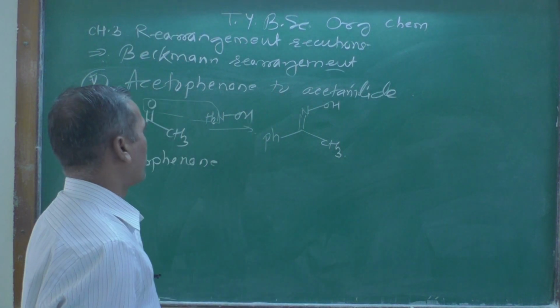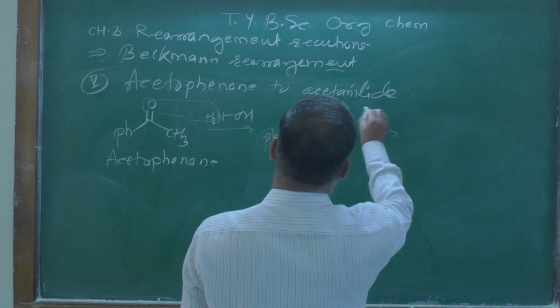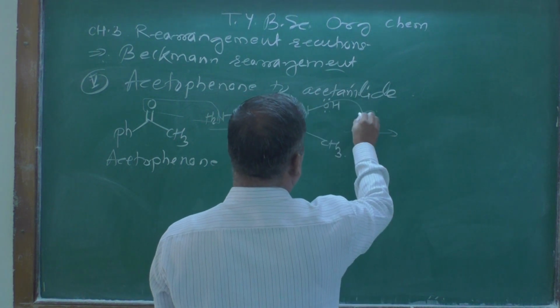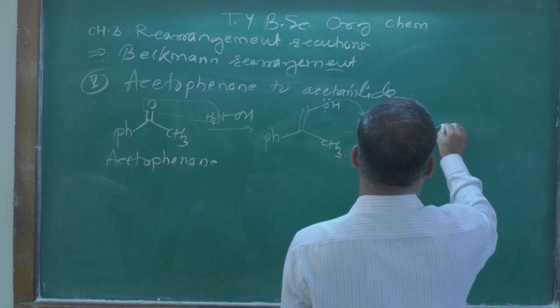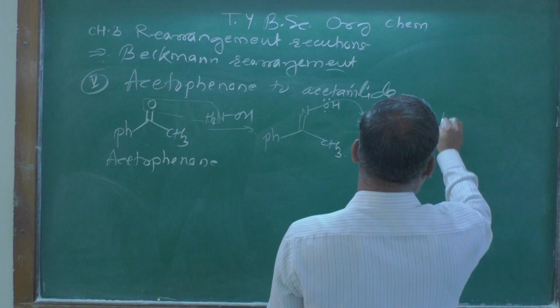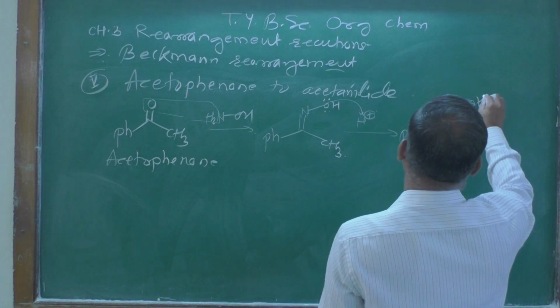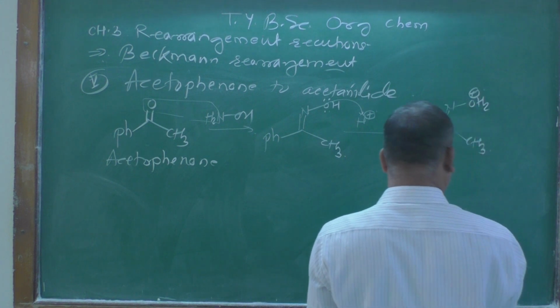CH3. And after that, when it is heated with H plus, what is going to happen? The lone pair which is present over here attacks, and you will get here pH, then double bond N and OH2 with positive charge over there, and here is a CH3.